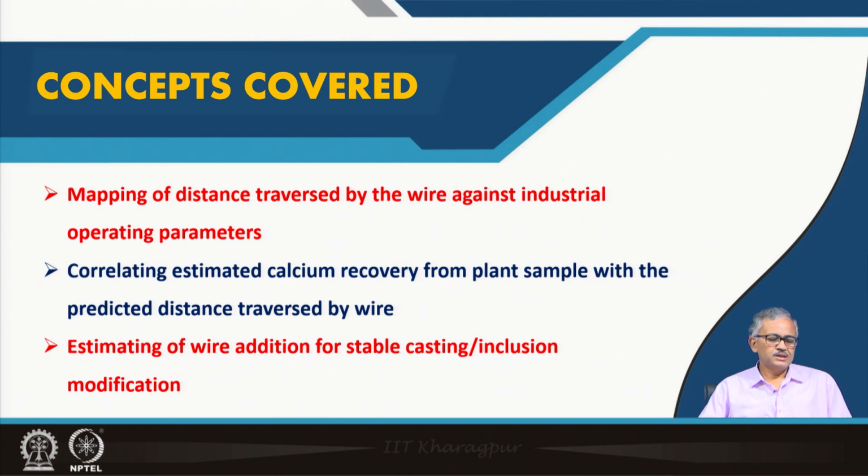First, we will discuss the mapping of the distance traversed by the wire against industrial operating conditions, because in industry the operating parameters change widely, and we will calculate and show where the wire is melting and the powder is released under wide operating conditions. And we will also correlate this distance traversed by the wire in the liquid steel with the estimated calcium recovery.